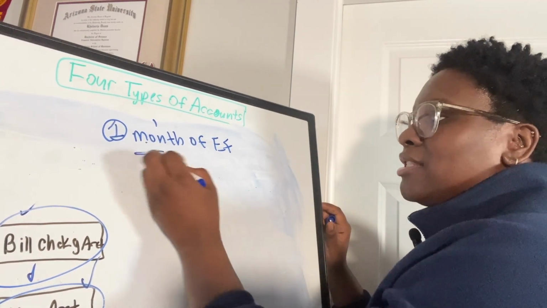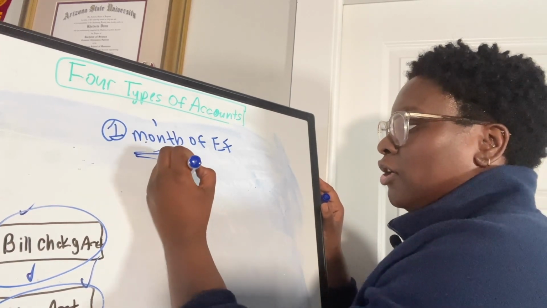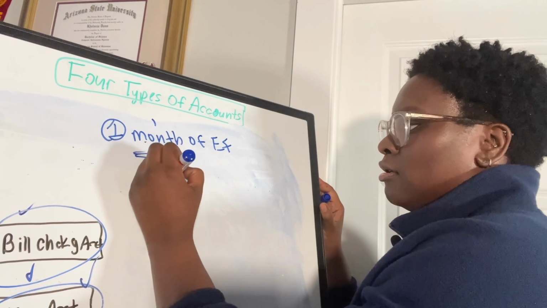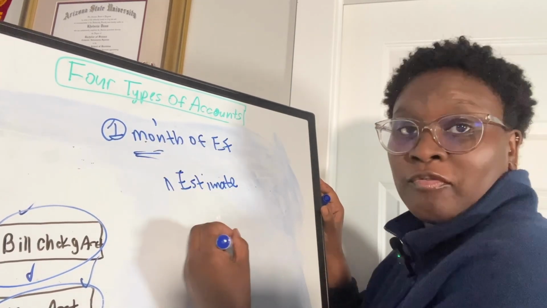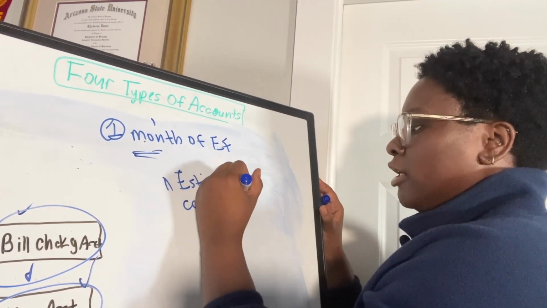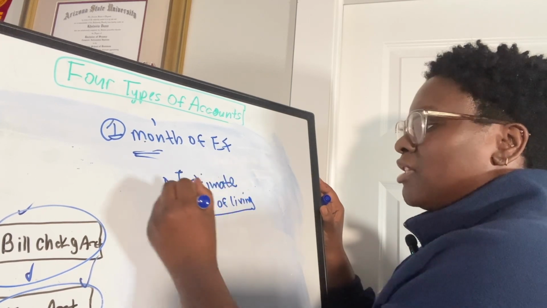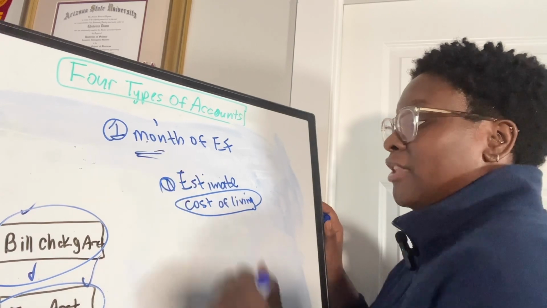So I would sit down and I would get a good estimate of how much it costs you to live every month, your cost of living. You know what this number is. If it's $2,700 a month, if it's $2,200 a month, that's the first thing.